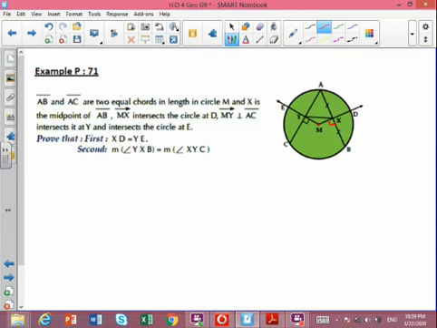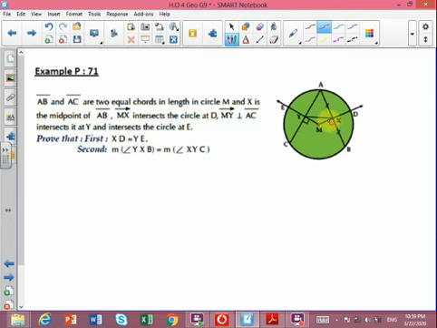First, prove that XD equals YE. We have just said it before in the complete, but this is as proof. I want to prove that this part equals this part. Okay, first, shall I give you time to think? Okay, since X is the midpoint, I must write this first.